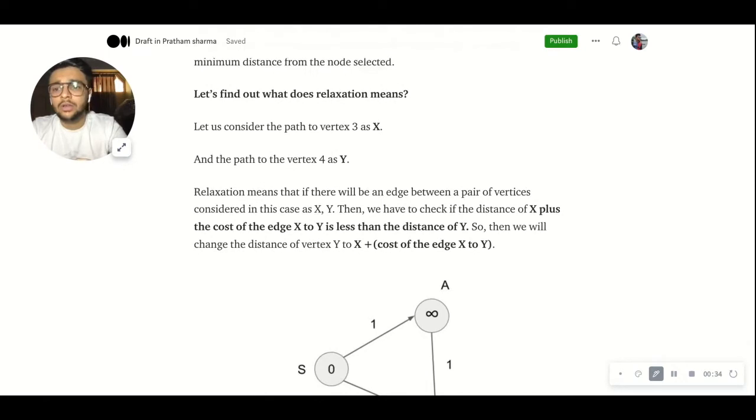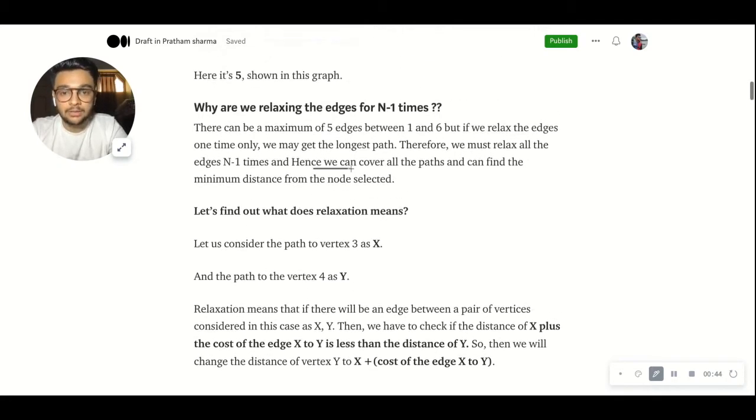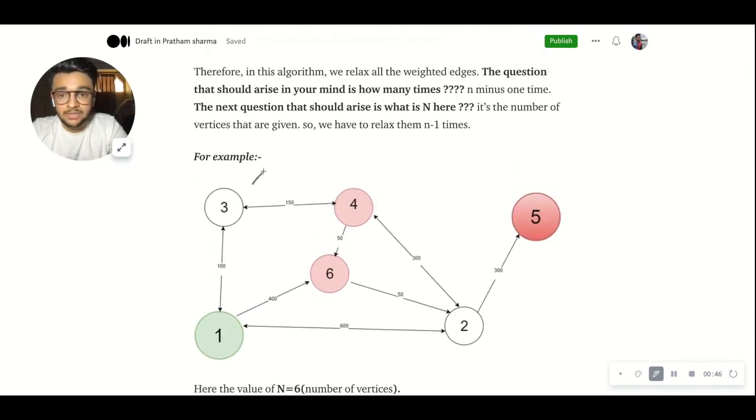Let us find out what this relaxation actually means. Let us consider vertex 3 as x and vertex 4 as y. For example, if in this case we consider this as x and this as y.